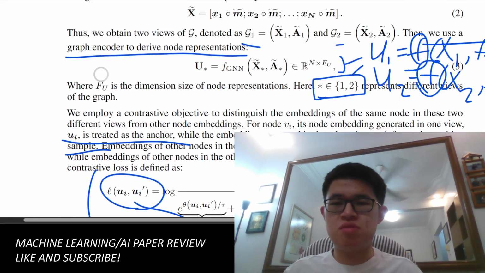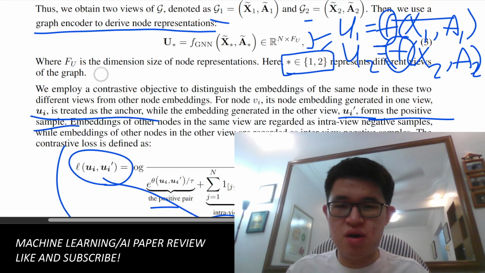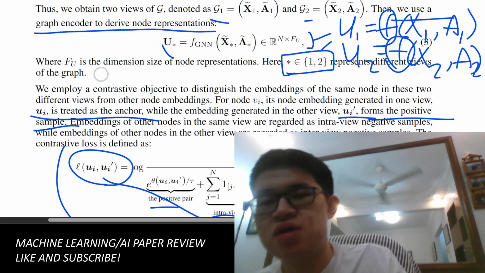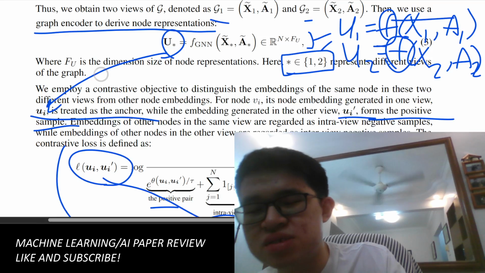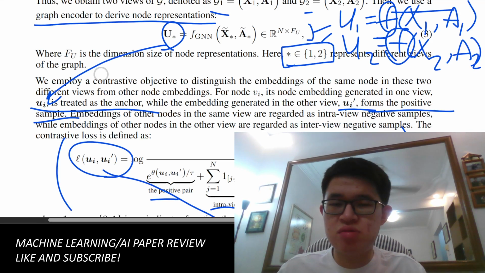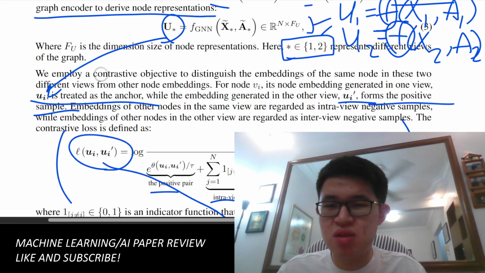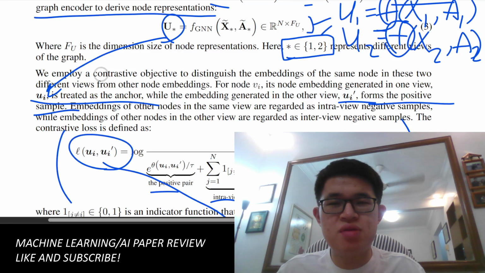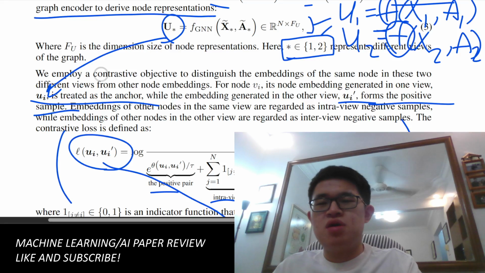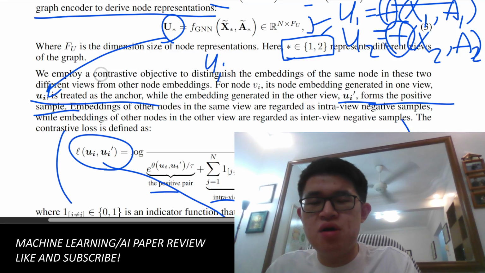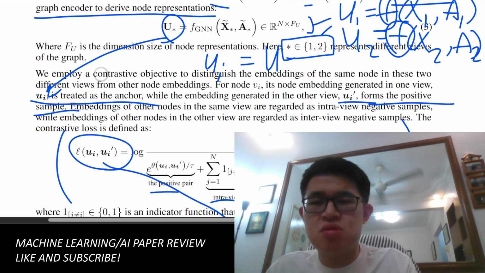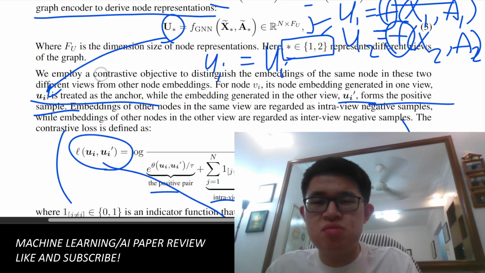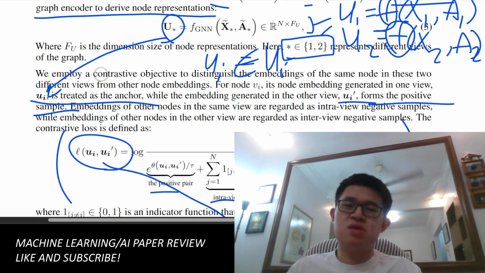So U_i, yeah. I guess this is essentially it. They should use the same notation. I guess U_i equals U something. I mean, it's like this, I guess.